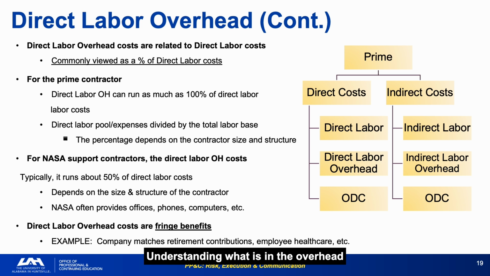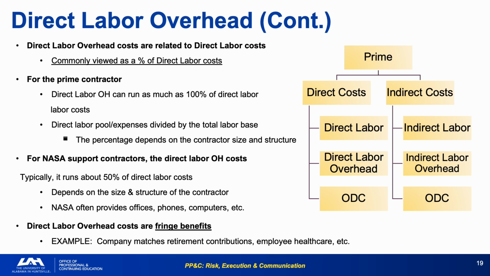Understanding what is in the overhead pool, specifically the fixed versus variable components, tells you what the overhead rate will do as the workforce grows or shrinks. The overhead rate is not just a number to accept at face value. It has a structure, and that structure tells you something about the contractor's cost behavior as the program evolves.